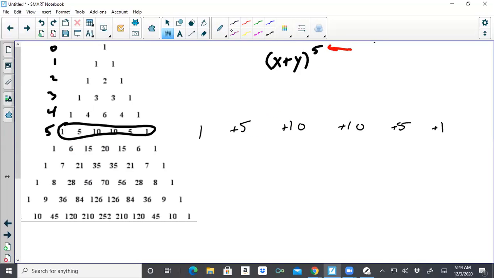So now what I'm going to do is look in here for what the actual terms are. The first thing I'm going to do is put an x next to all of these coefficients. And then I'm going to put a y next to all of these coefficients.